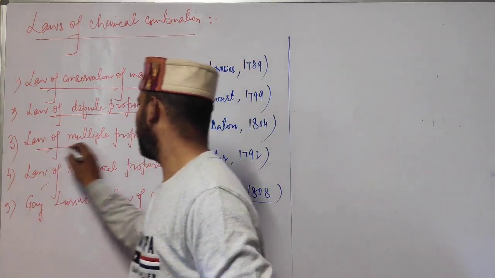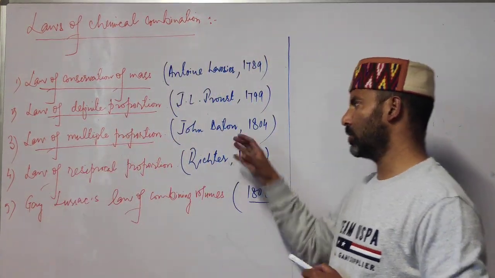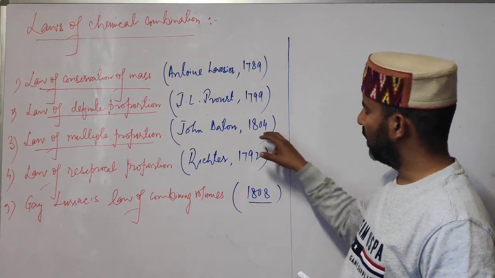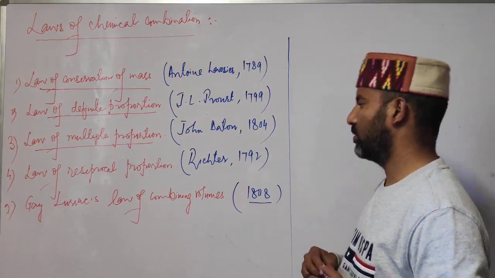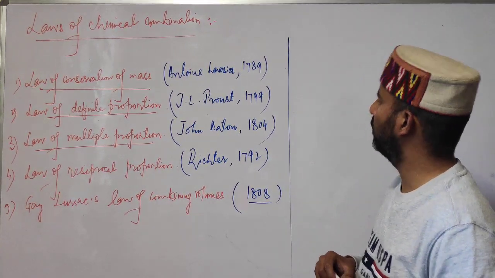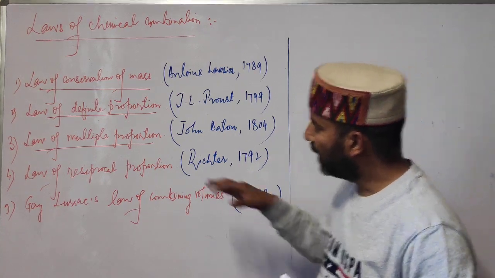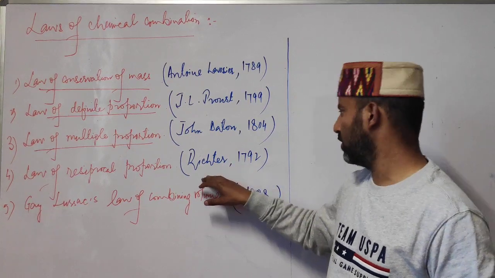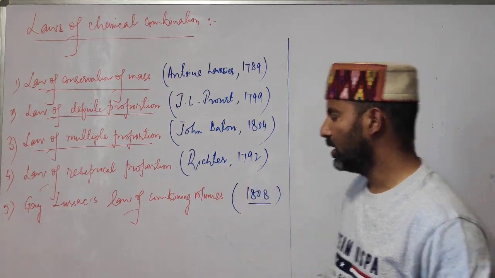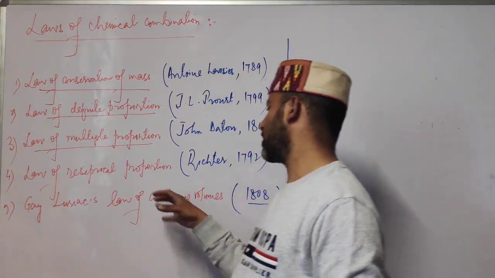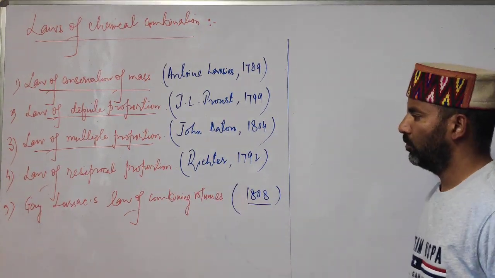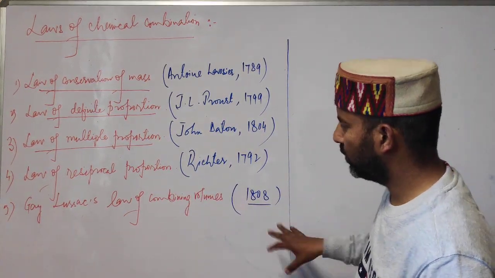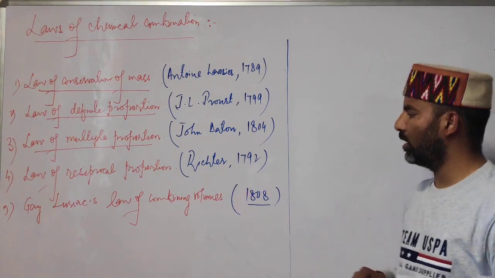Third law is law of multiple proportion, which was given by John Dalton in 1804. And then we have law of reciprocal proportion, which was given by Richter in 1792. And then lastly we have Gay-Lussac's law of combining volumes, which was given in early 19th century, that is 1808.